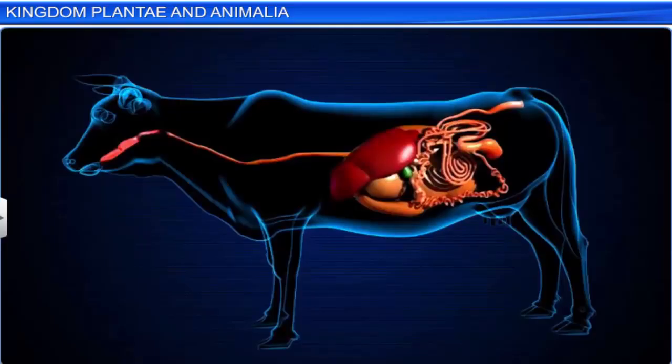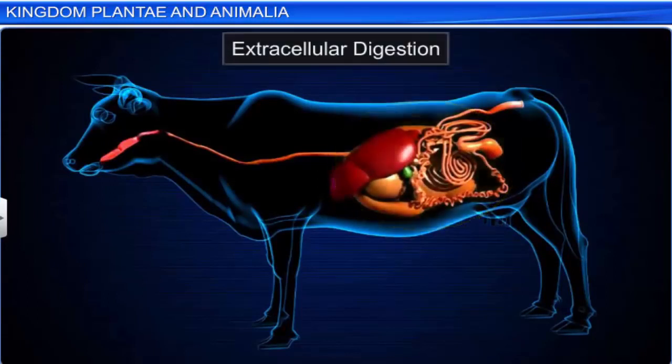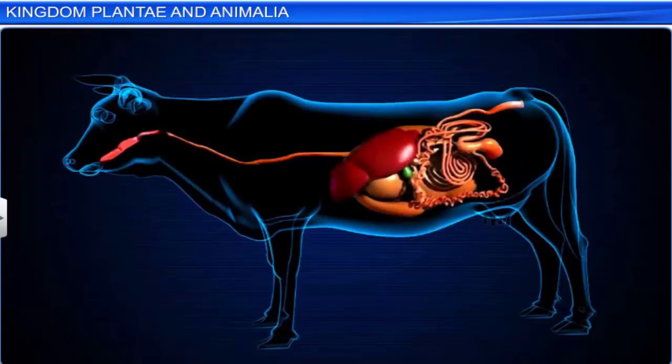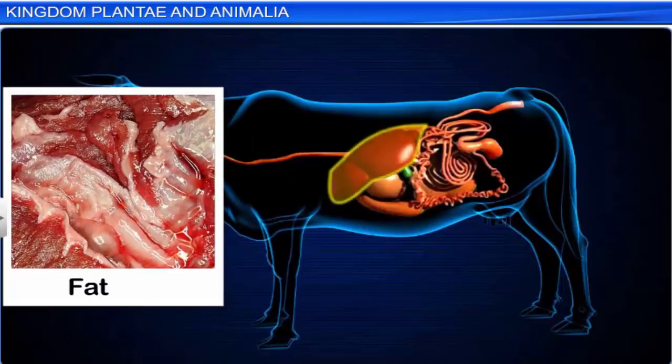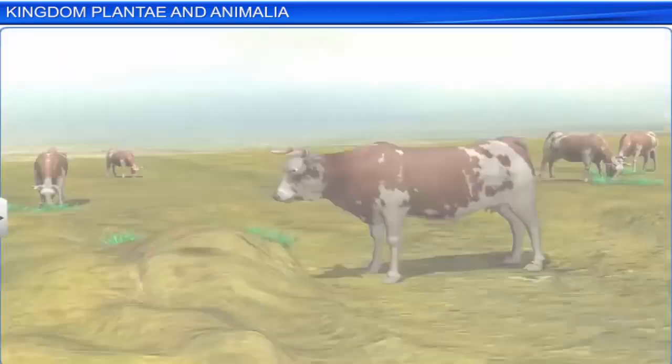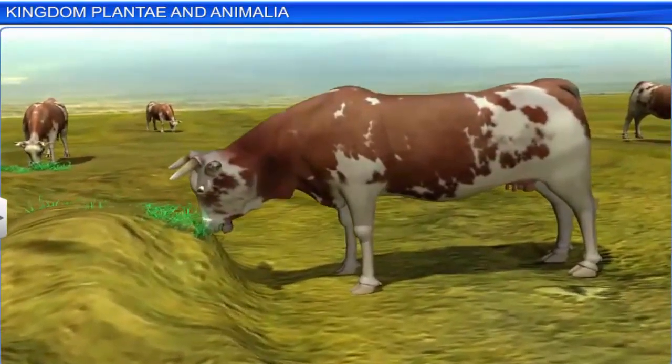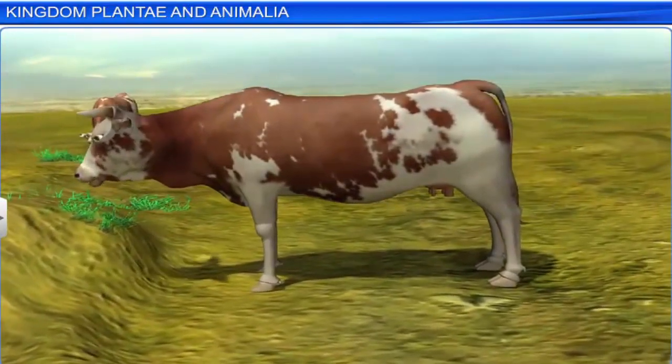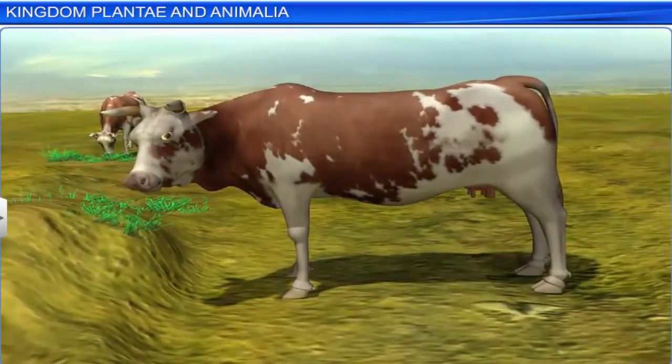They digest their food in the internal cavity, which means that they have extracellular digestion. However, they can store food reserves as glycogen or fat. Animals have a holozoic mode of nutrition. That is, they ingest food.